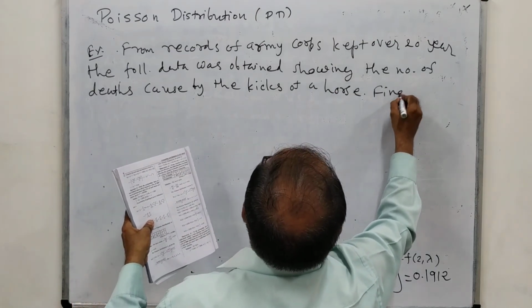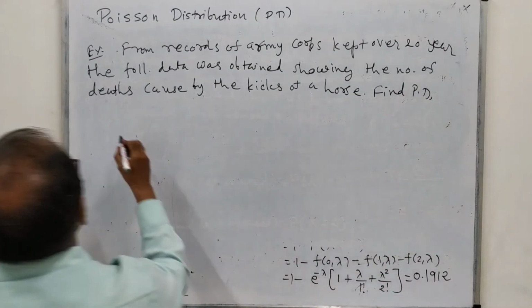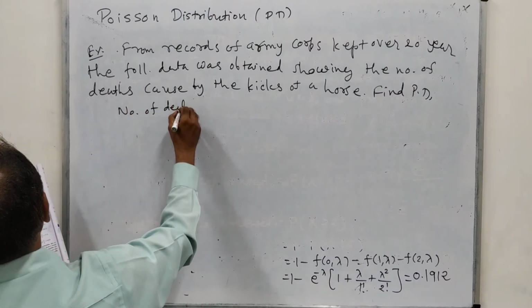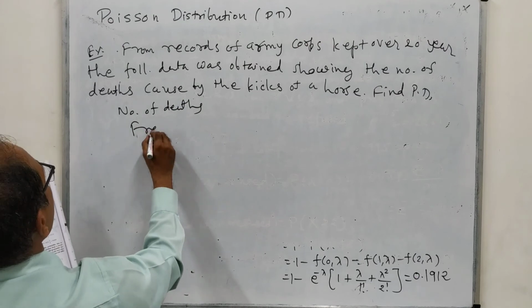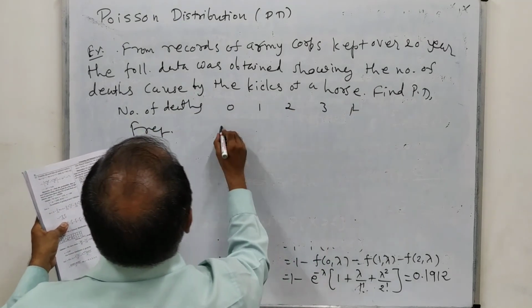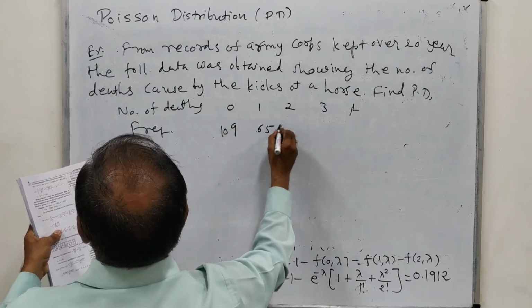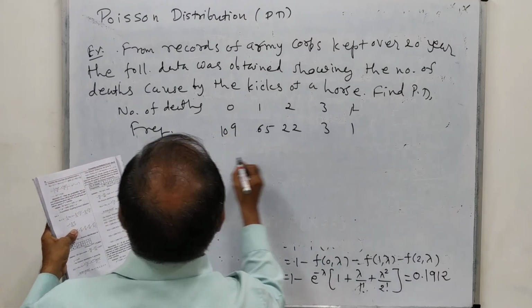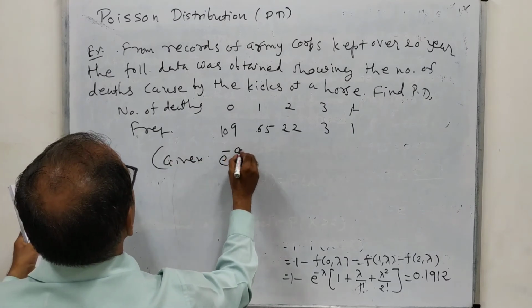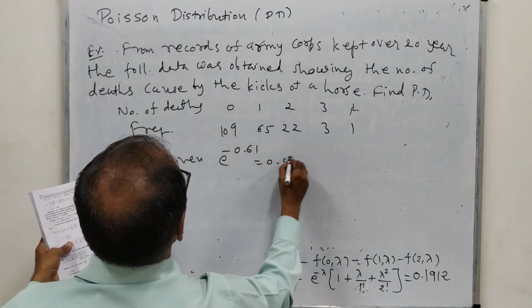Find the Poisson distribution. So here a frequency distribution is given: number of deaths 0, 1, 2, 3, 4 and corresponding frequencies 109, 65, 22, 3 and 1, and given that e raised to minus 0.61 equal to 0.5436.